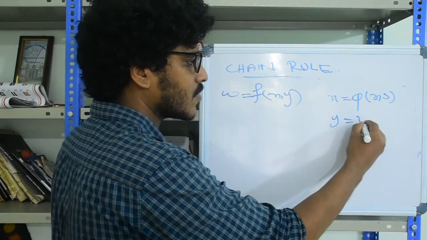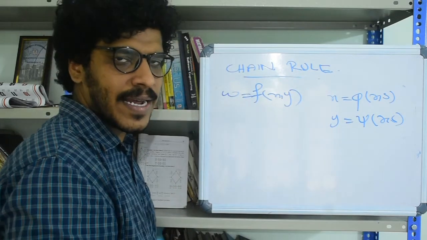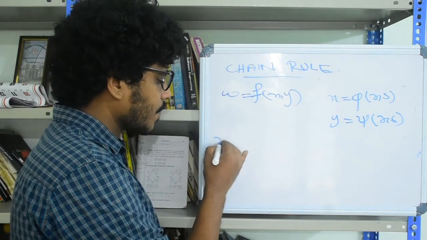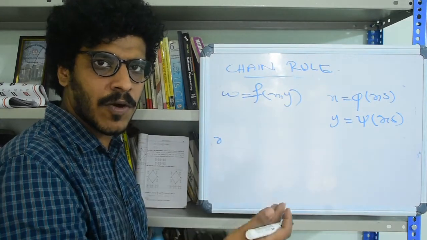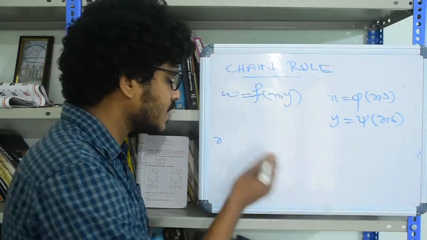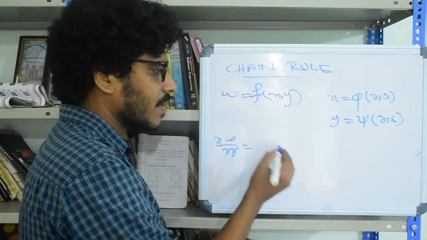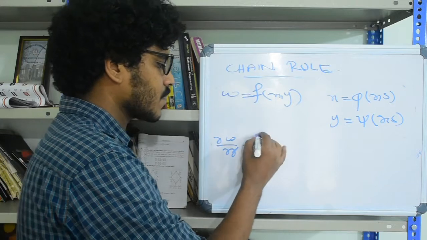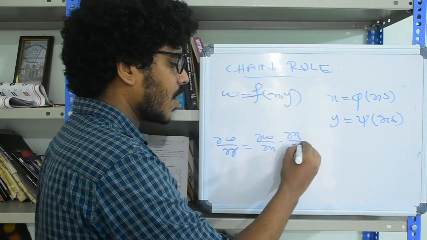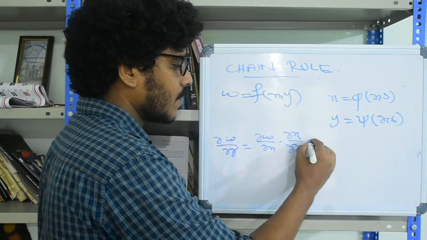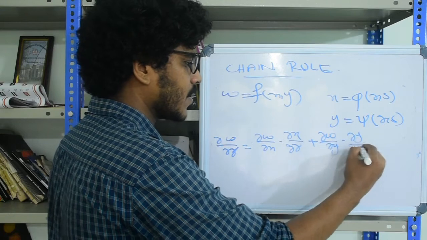Considering the previous formula for three intermediate variables, dou w by dou r can be expressed as dou w by dou x into dou x by dou r plus dou w by dou y into dou y by dou r.